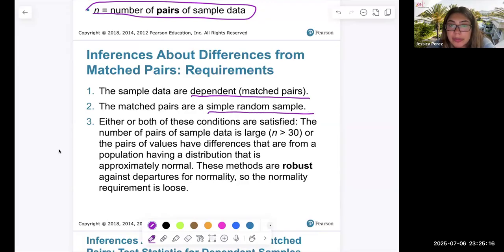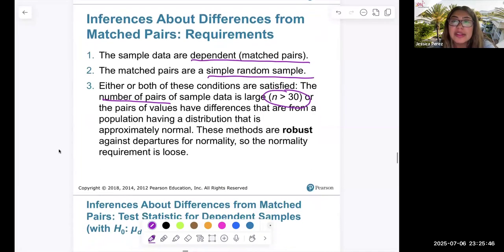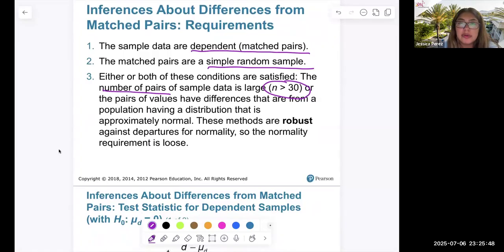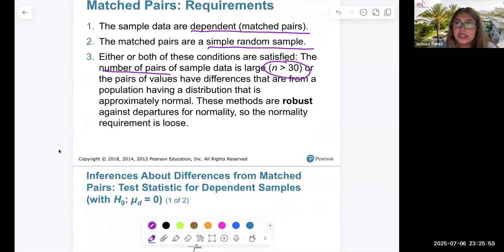Either or both of these conditions are satisfied: the number of pairs is greater than 30, or the differences must have an approximately normal distribution. Okay, so we have to have an approximately normal distribution for us to be able to use this requirement. These methods are robust against departure from normality, so the normality portion is loose.